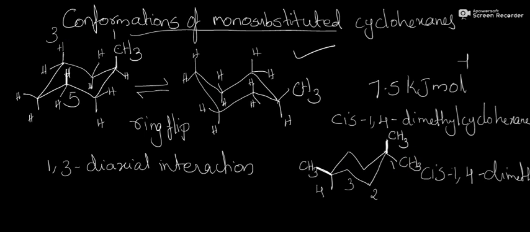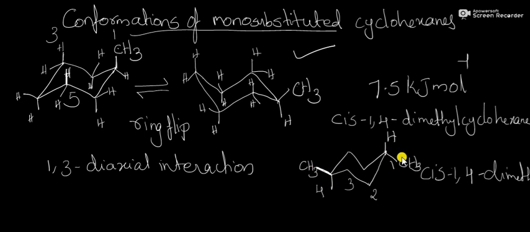So if we replace this hydrogen by a CH3 group, we get trans 1,4-dimethyl cyclohexane. Here one CH3 group is downward and here it is upward. So this is called a trans.